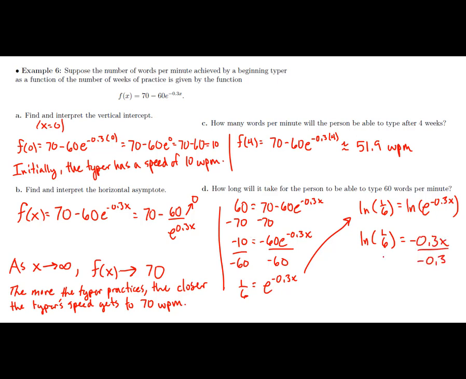And then to finish it out, divide by negative 0.3. And so when I type this in my calculator, I get about 5.97. So I'm just going to go ahead and round that to about 6 weeks.